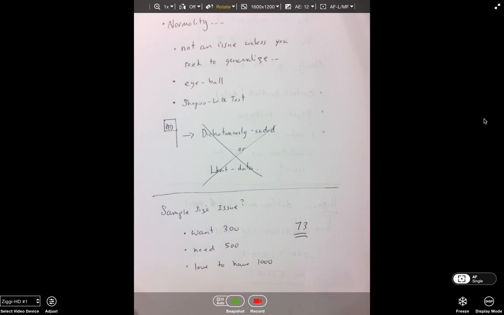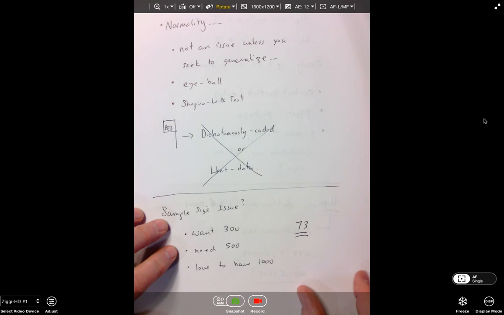We have 73. So you do the math. So is there a sample size issue? Yes. But the good news there is once we get into this reduction process, there's a determinate measurement that we can look at that actually tells us whether or not that sample size seems to be problematic with our structure.